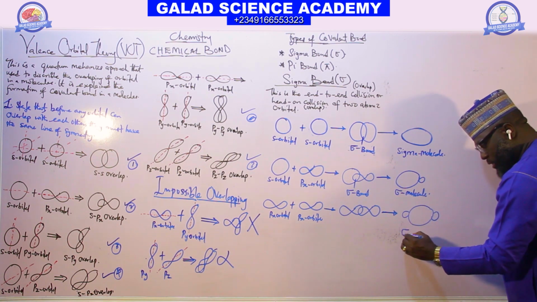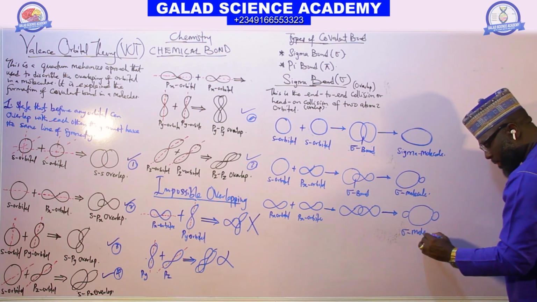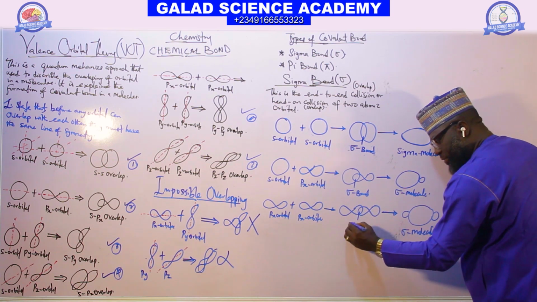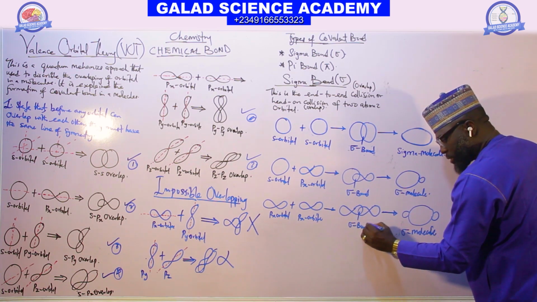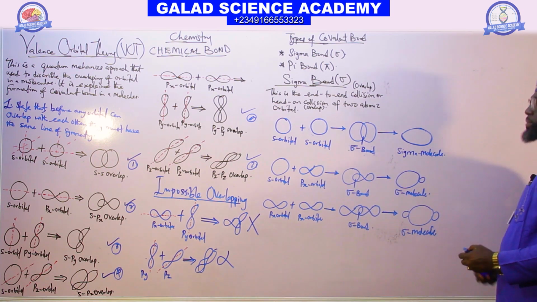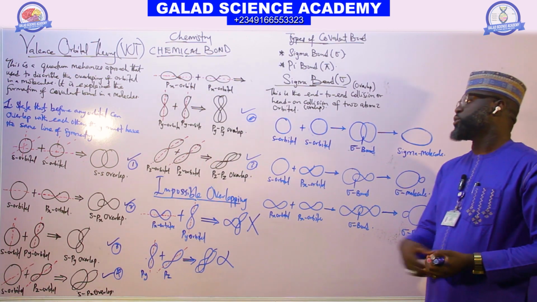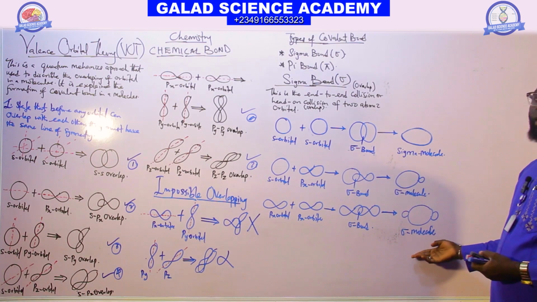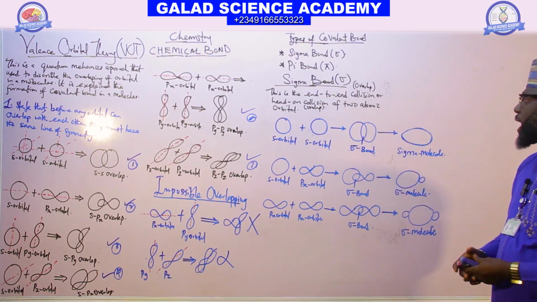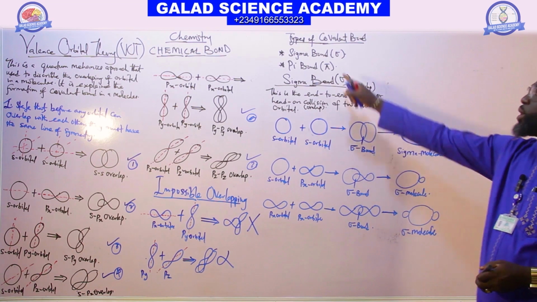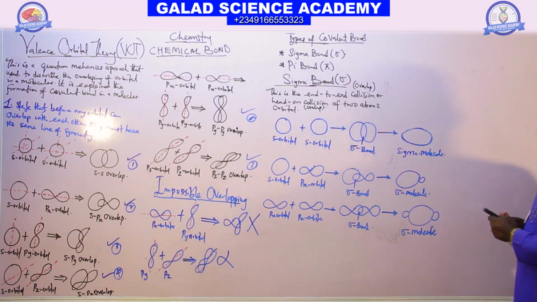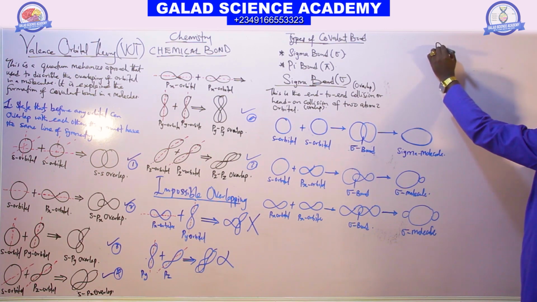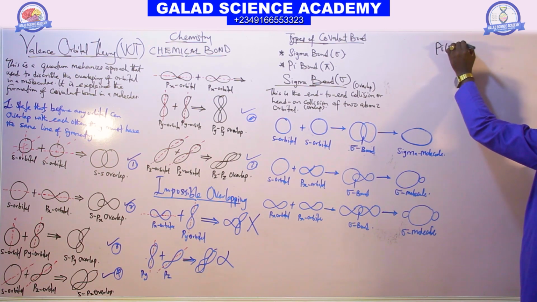This is a sigma molecule. The bond we have here is sigma bond. These are the three possible ways of existing of sigma bond. The last bond now is pi bond.